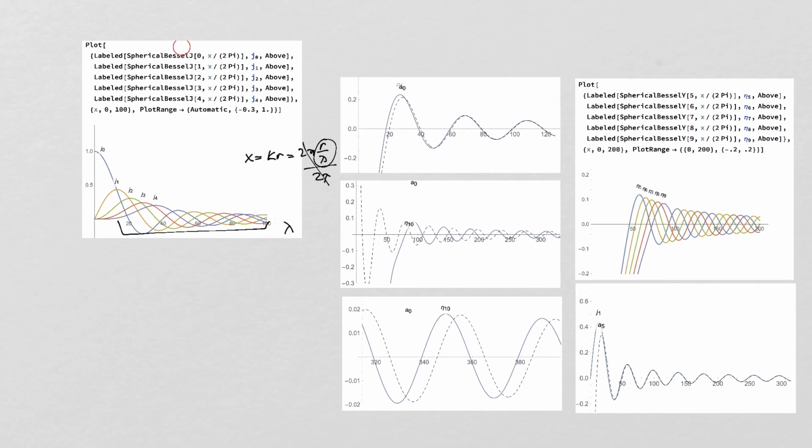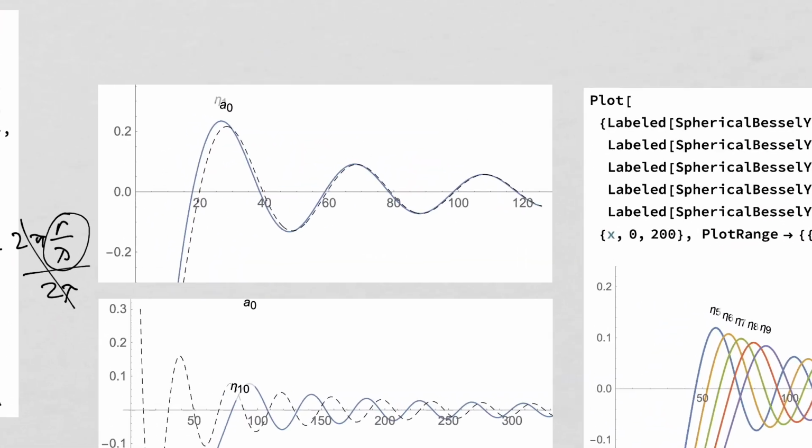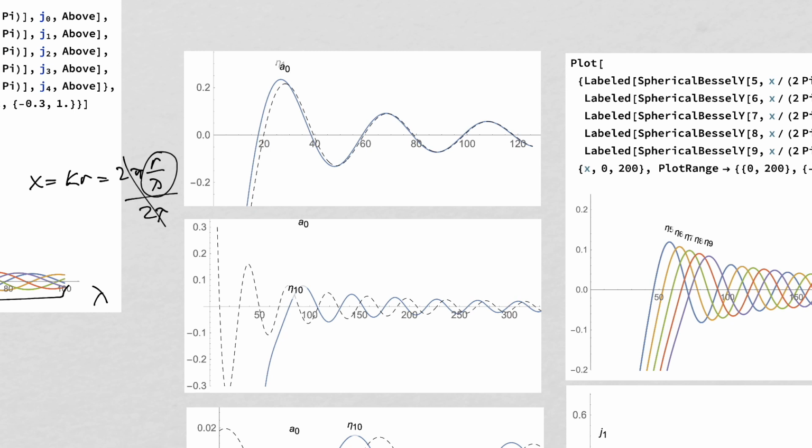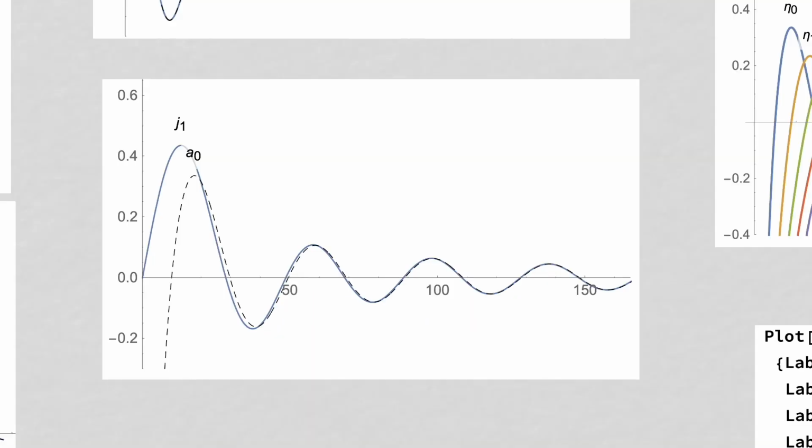But what I want to show is this function right here. This is J1, the first spherical Bessel function. The blue line is the actual spherical Bessel function, which was calculated exactly, and the dotted line is the asymptotic form of that spherical Bessel function.